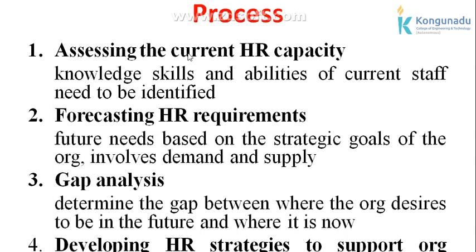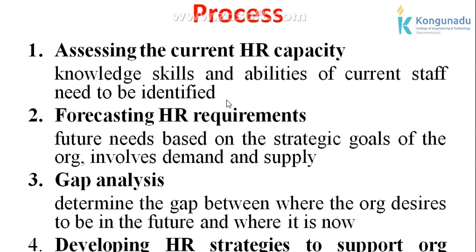First, let us see about assessing the current HR capacity. According to the organization's strategic plan, the current HR capacity of the organization is first assessed. The knowledge, skills, and abilities of current staff need to be identified. It is done by developing a skills inventory for each employee.